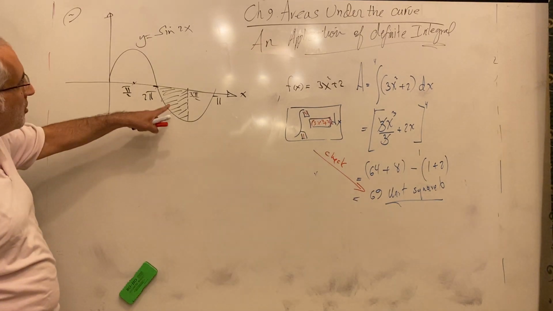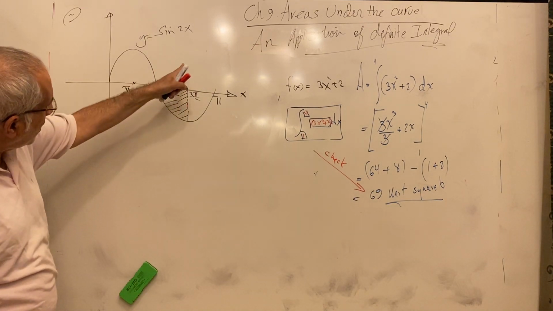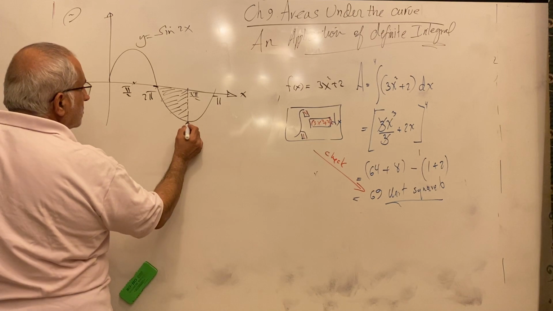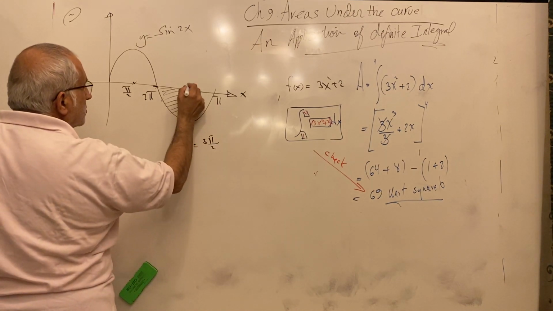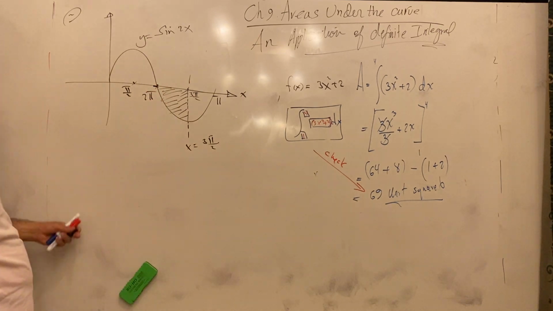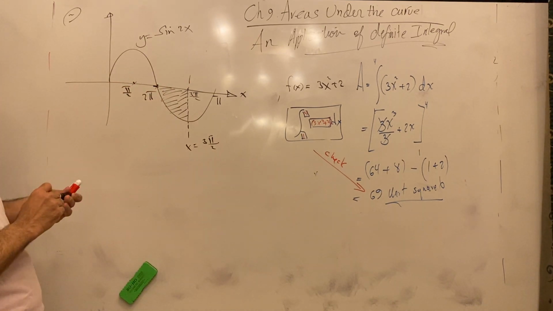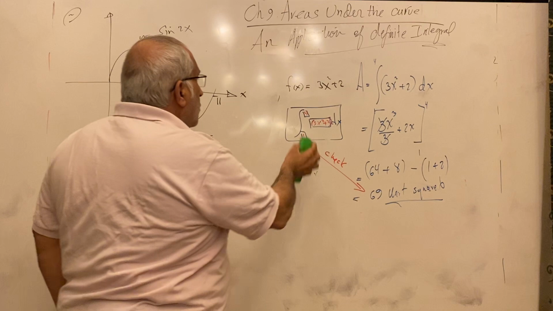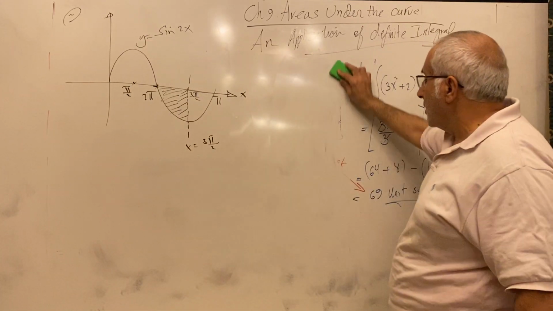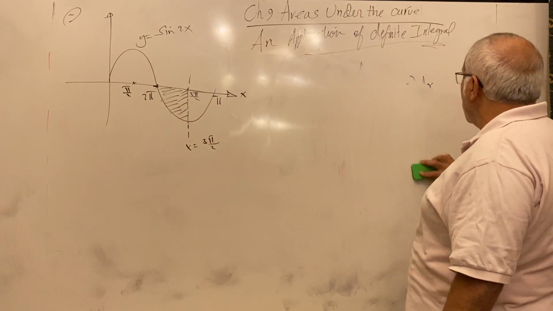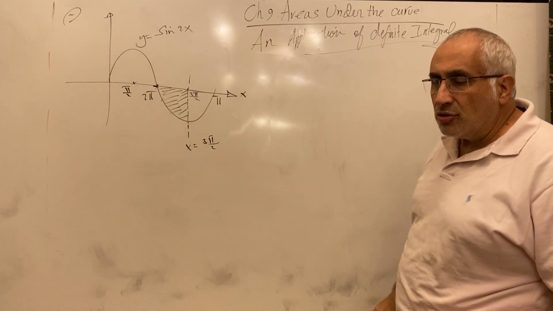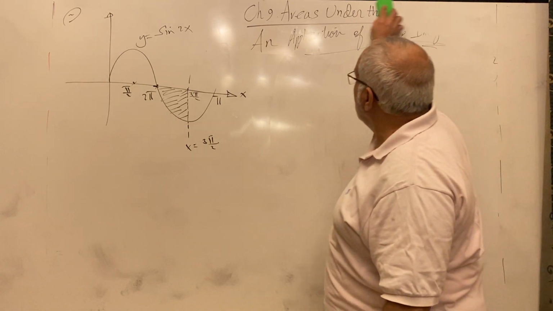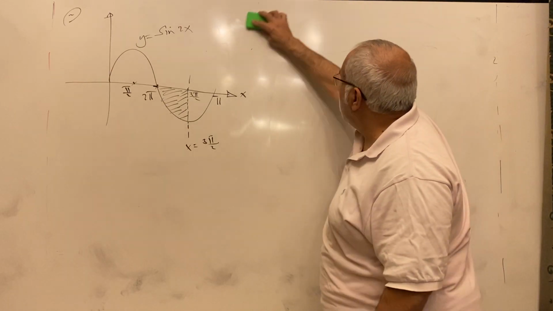So this area is bounded between the x-axis, the curve, and this is called, in English, x equals 3 pi over 2. There's no need to talk about that because it's already a 0. It's like an x-intercept. Okay? What can I do in this case? So remember, what we do is a direct application of definite integrals. So no need for that. That was a title.